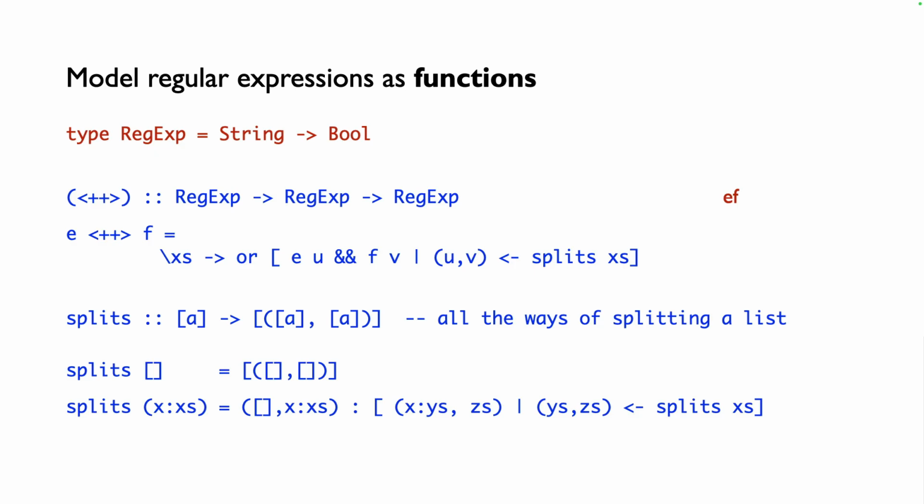Otherwise, it's made up of a split of xs where you put x on the front of the left-hand half. So you either get a split where there's nothing on the left-hand side, or, in the case where there is something on the left-hand side, it must begin with x and then be followed by some split, the first half of a split of xs.